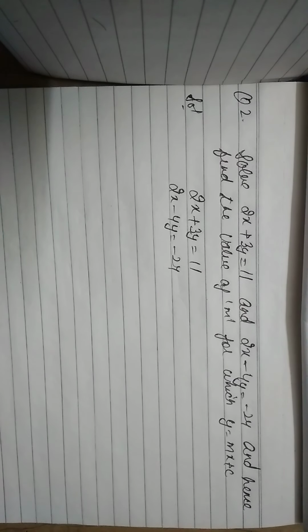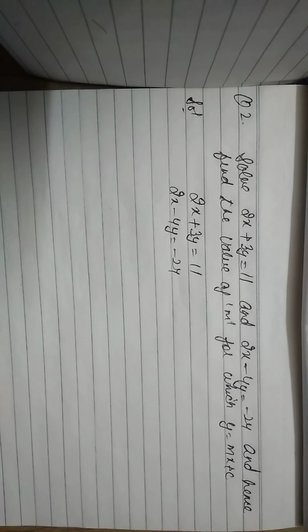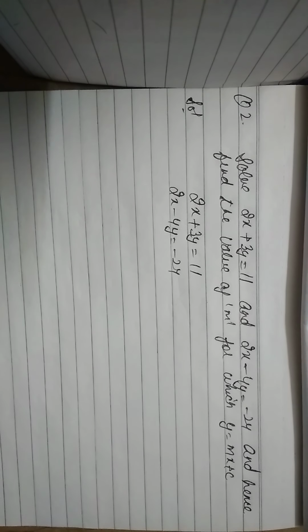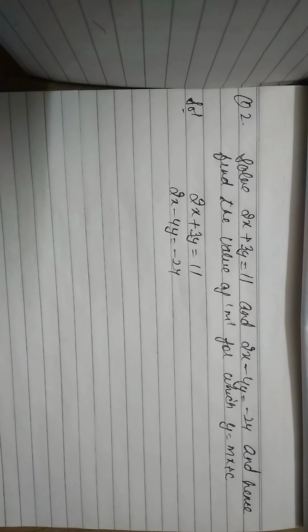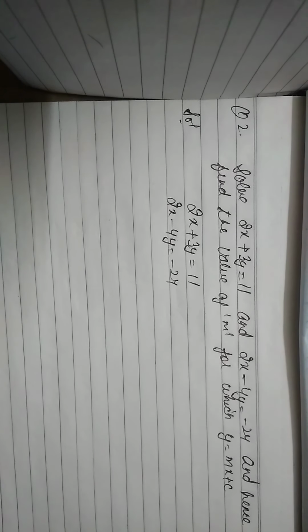In this question, we are given two equations. Firstly, we find the values of x and y from these two given equations. After that, we substitute the values of x and y in the given equation y is equal to mx plus c for finding the value of m.